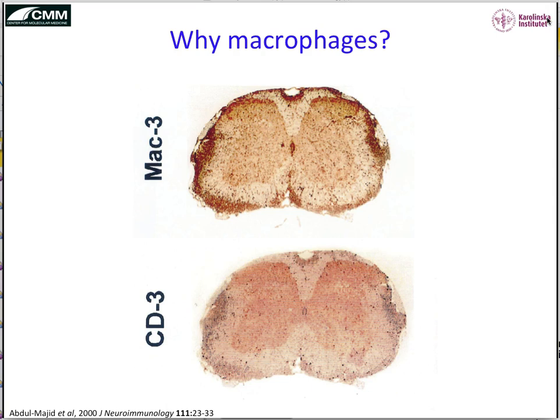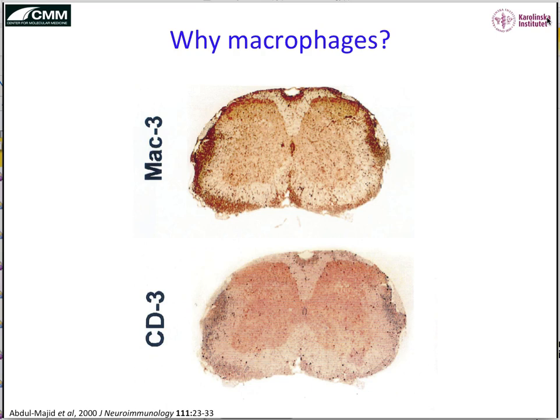So the question arises, why use monocytes or macrophages? In this slide you see a cross-section of the central nervous system of a mouse suffering from multiple sclerosis disease. All the brown spots are immune cells that have been specifically stained with antibodies. In the lower panel you see T cells, and there are a few of them scattered around the section.